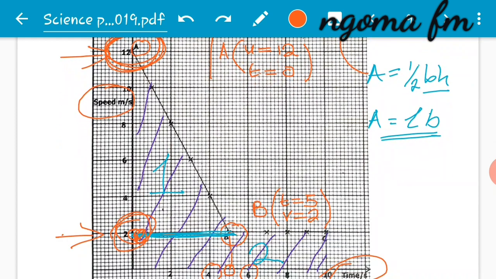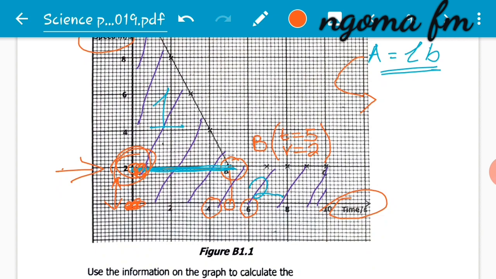For the rectangle, the coordinates will be from 0 to 2. So from 0 here to 2. This is our breadth, and the length is 10. It's spanning from here to here. So this is our length.